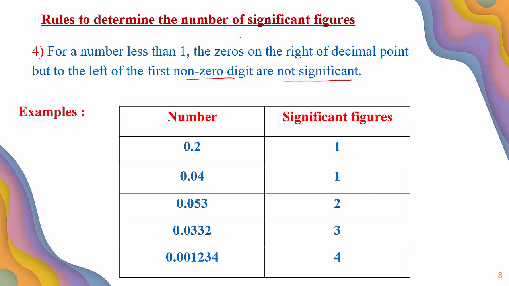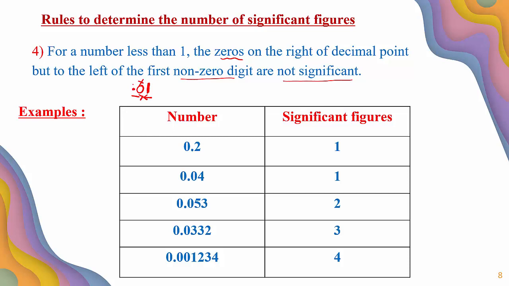In that, the zeros on the right of the decimal point, after the decimal point, but to the left of the first non-zero digit. If I write 1 here, this is right of the decimal point but left of the first non-zero digit, they are not considered as significant.